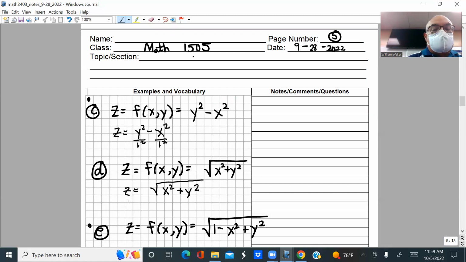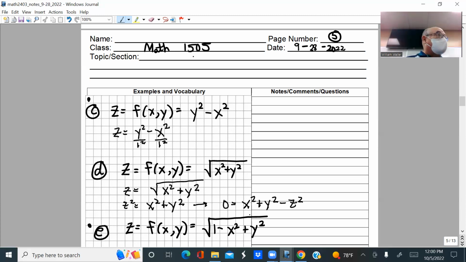If you square both sides, you get z squared equals x squared plus y squared. Then if you subtract z squared from both sides, you get this. And when I make the graph of this equation, it looks like this.